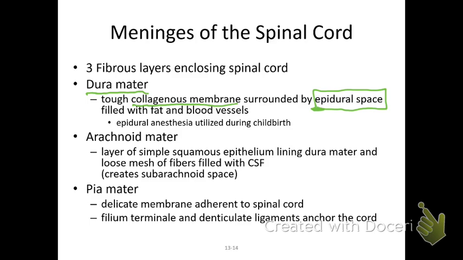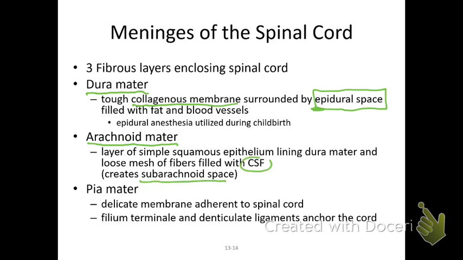The middle layer is a simple squamous layer, so it's not very thick, but it has a number of collagen fibers associated with it that sort of look like a spider web, and therefore it gets its name, the arachnoid mater. Below that is a space called the subarachnoid space.